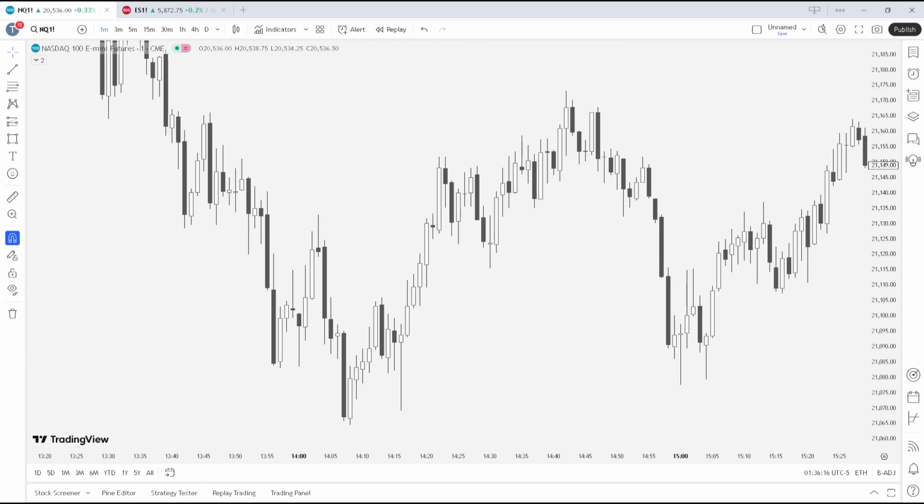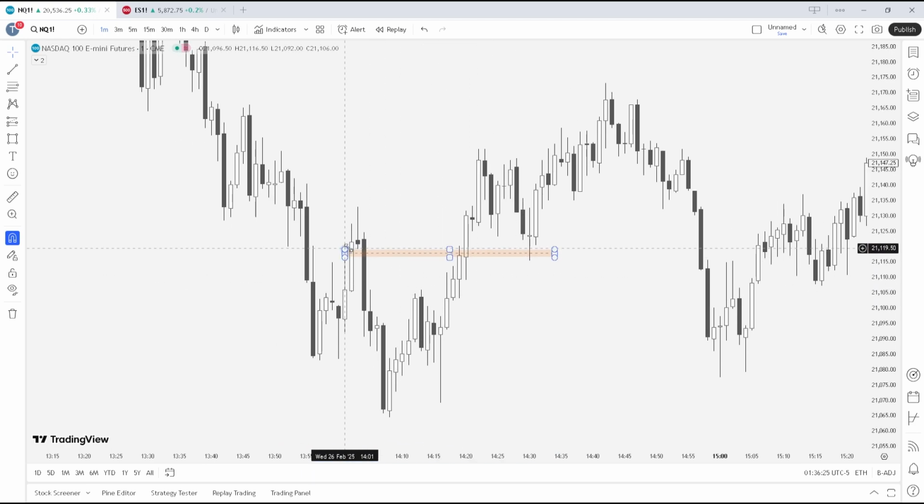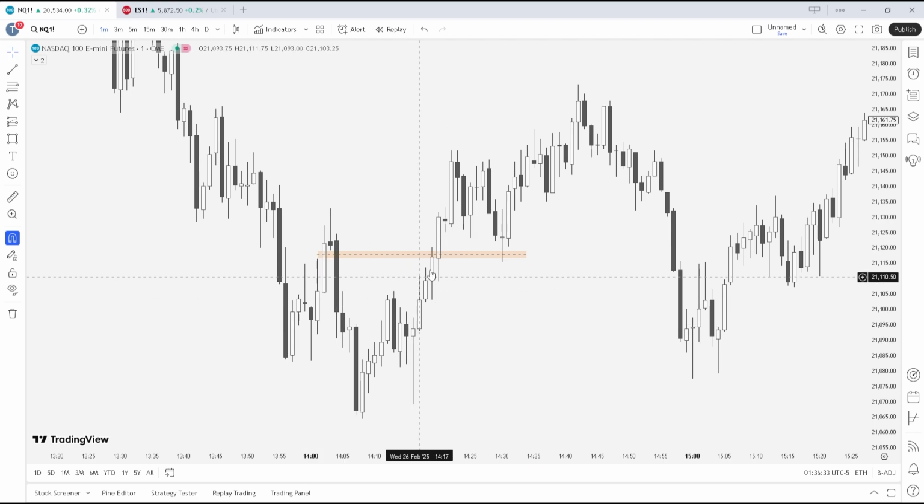Okay, so now let's take a look at a BPR that failed. So here we have a BPR right here. So we have the inversion and then this large SIBI. So the overlapping area right here, that's the BPR. And as you can see, we came up into the BPR and then we just went straight through it.